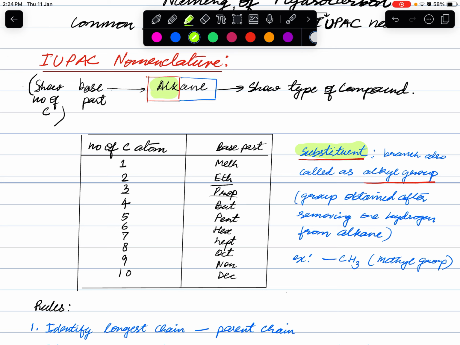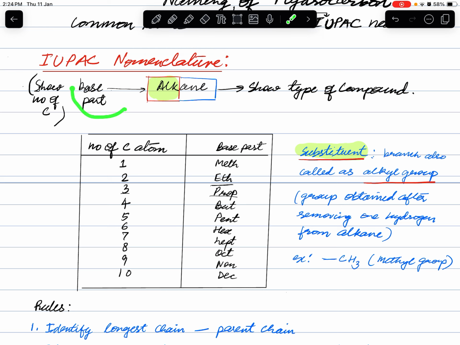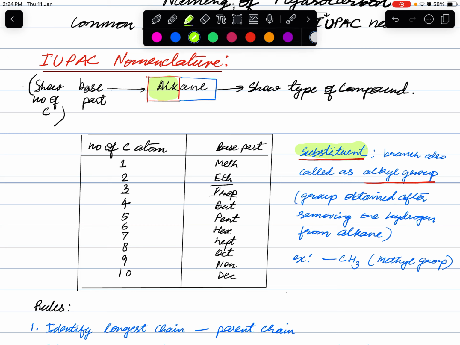The first part is the base part, and it shows the number of carbon atoms. So in any compound, if we have two carbons, then we have to give a name according to the rule, and we will write it in the beginning of the name. Now, the later part of the name will show you what type of bond we are having or what type of compound we are having.